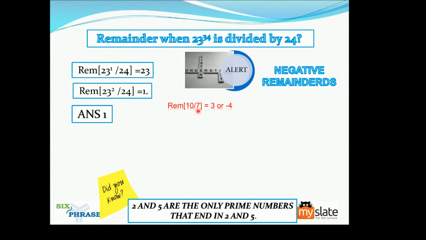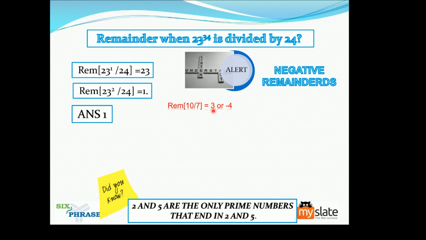Now, instead of moving forward, I'll move backward. From 7, how many places if I go will I get 3? 4 places. So that is why I get a negative 4 here.